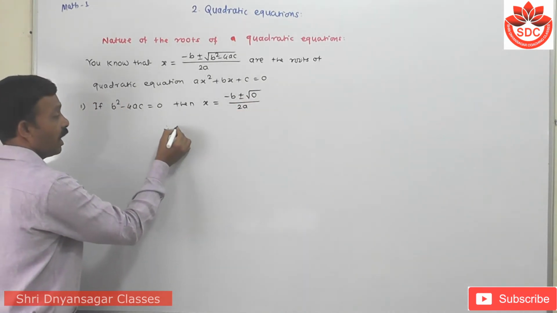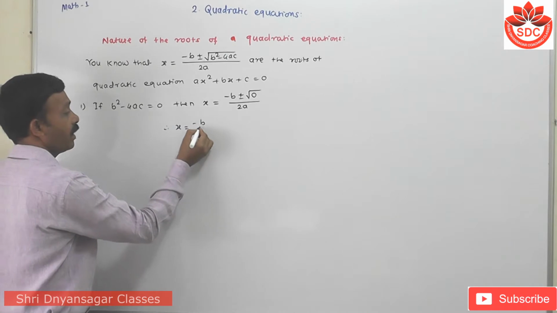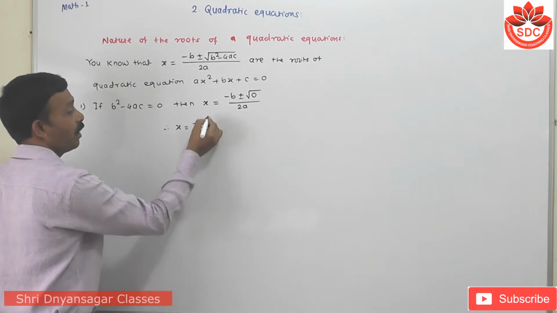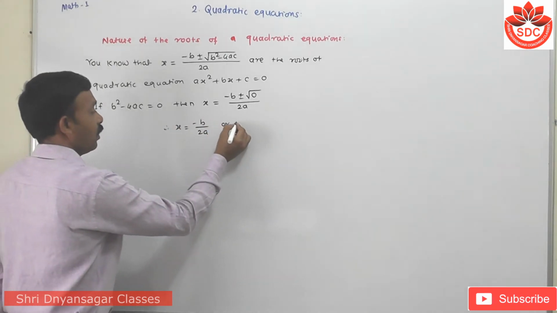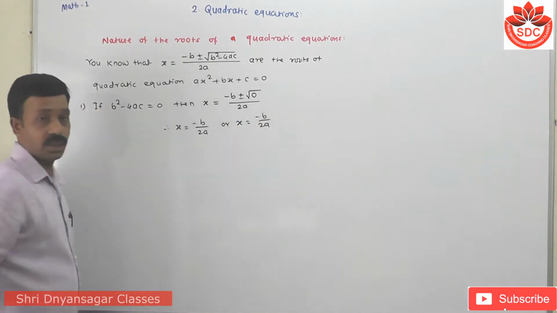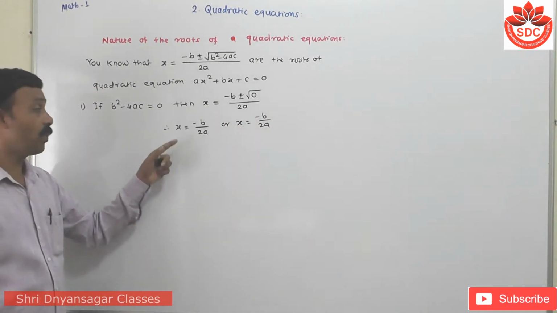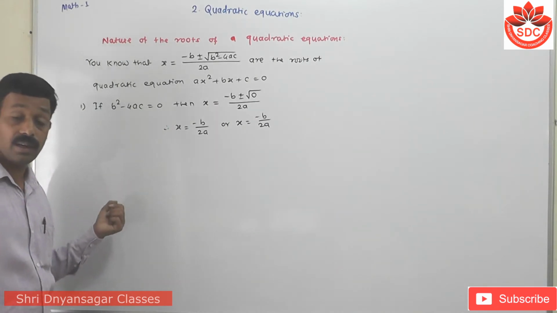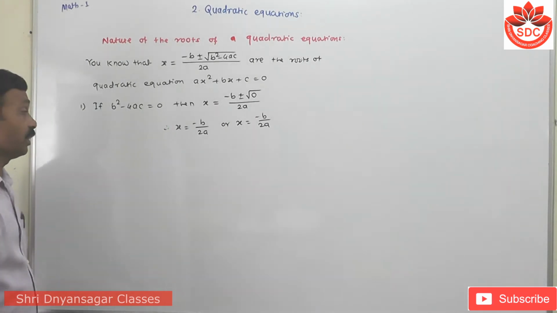Means we write this two times, that x is equal to minus b upon 2a plus 0, or x is equal to minus b upon 2a minus 0. When we substitute the values of a and b, we get real and equal numbers here.